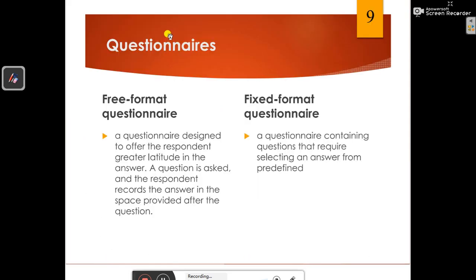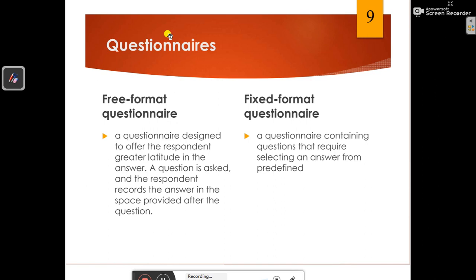There are two types of questionnaires, or there might be others also, but in general we can see the free format questionnaire and the fixed format questionnaire. A free format questionnaire is designed to offer the respondent greater latitude in the answer. Means they can describe the answer in a descriptive way.